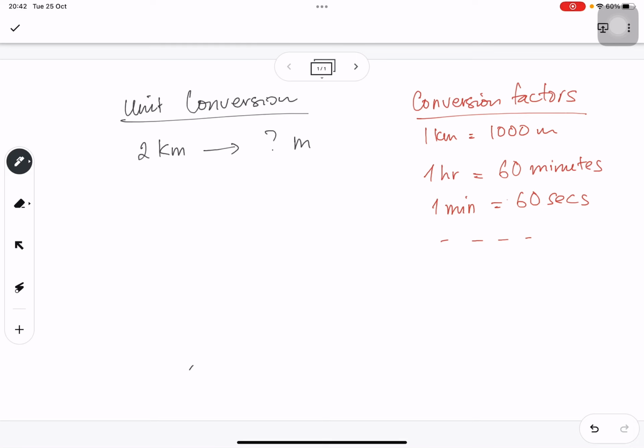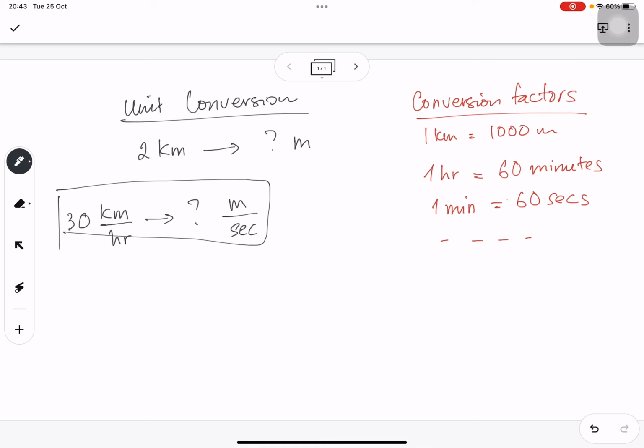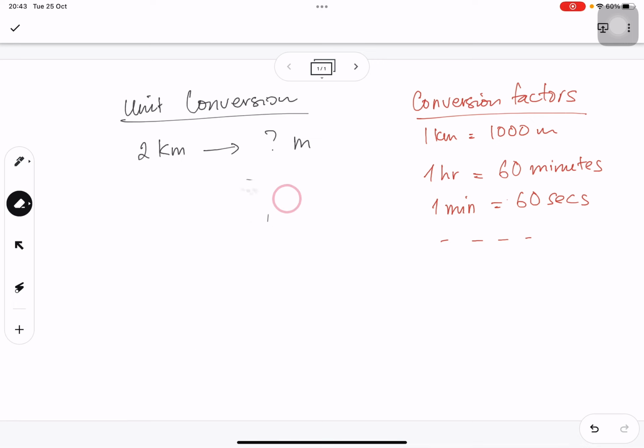So in class, I talked about simple conversions, but we also went over a more complex case, like 30 kilometers per hour, and I want to convert that into meters per second. Usually, in a basic problem, you only need one conversion factor, but in this case, you are actually converting 2 units.